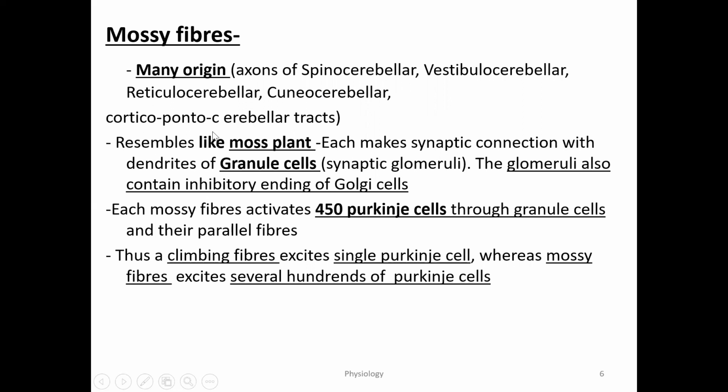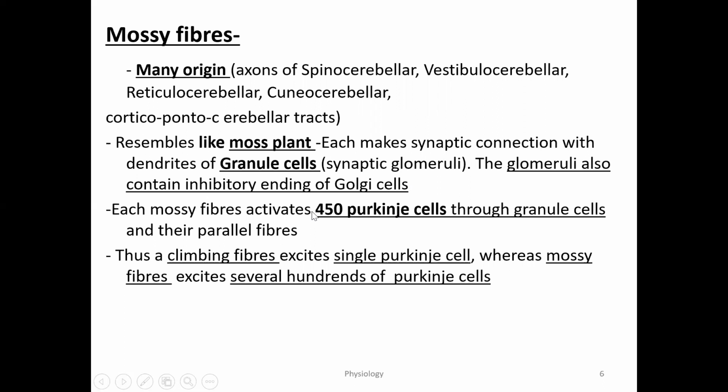So why is it called a mossy fiber? Because it resembles a moss plant when it enters the cerebellum and makes synapses. Now, there is no direct connection to the Purkinje cells. It first synapses with the granule cells, and then the granule cells give rise to various branches called parallel fibers, and then they synapse with the Purkinje cells.